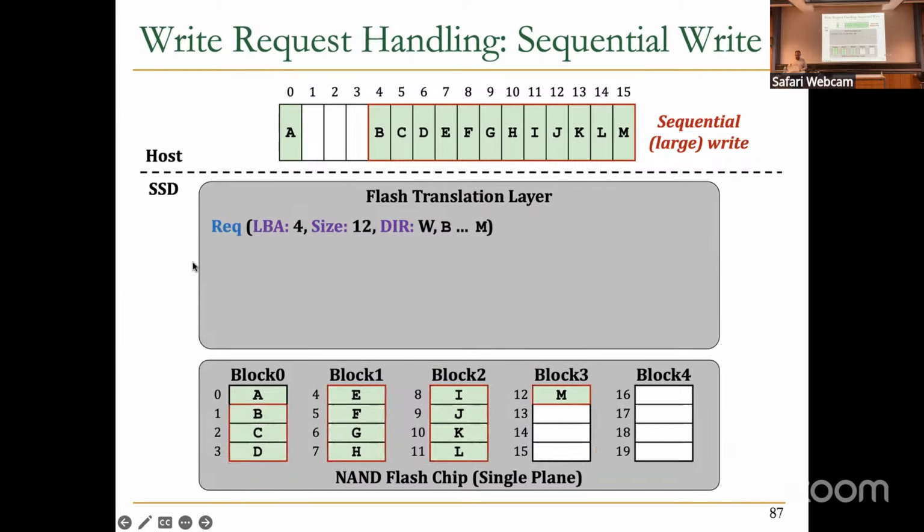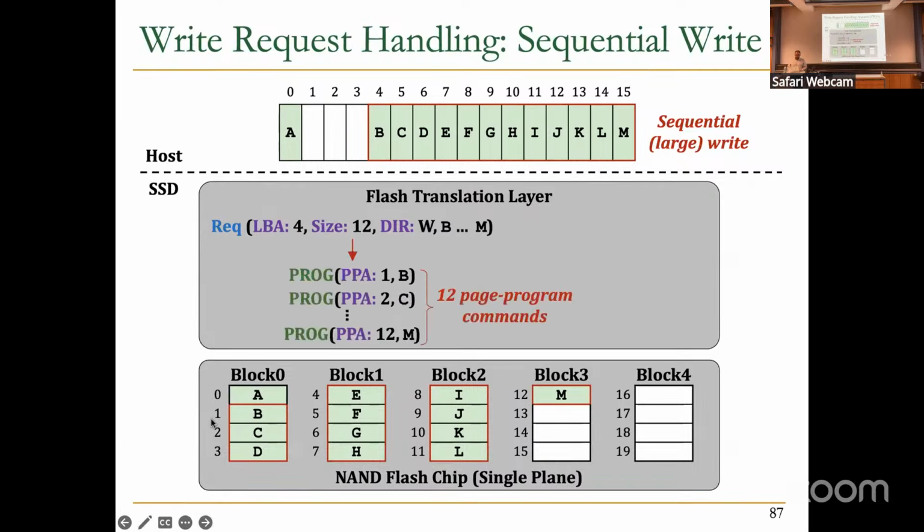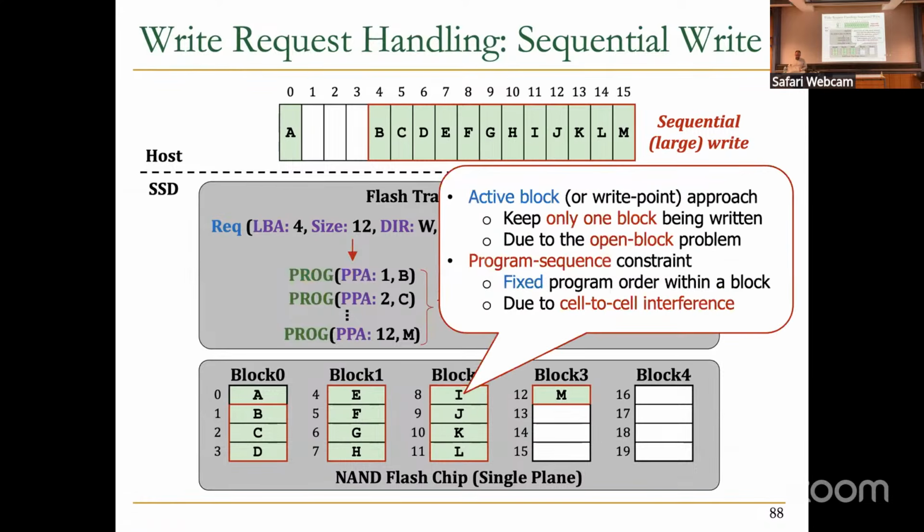But in reality, that doesn't happen. The SSD keeps writing from the same block that we had open. That's the reason we want to keep the number of active blocks less. When you have an active block, meaning the block is active to be written, you want to have only one block being written at the same time, due to the open block problem.